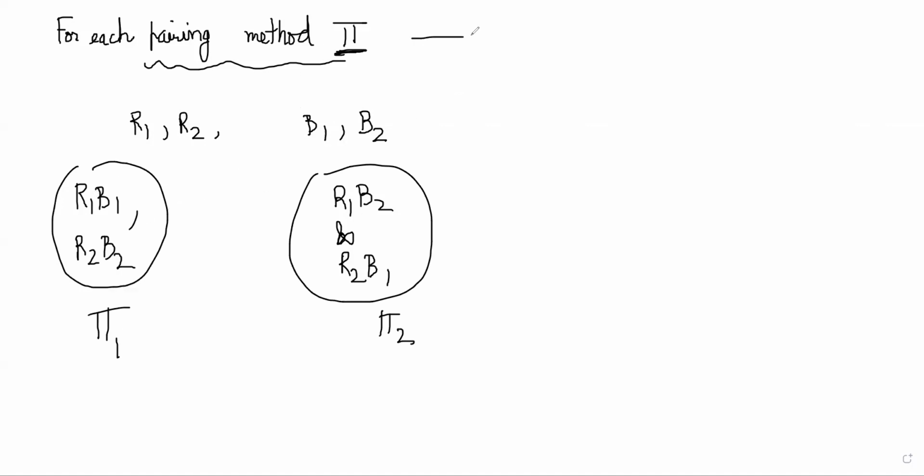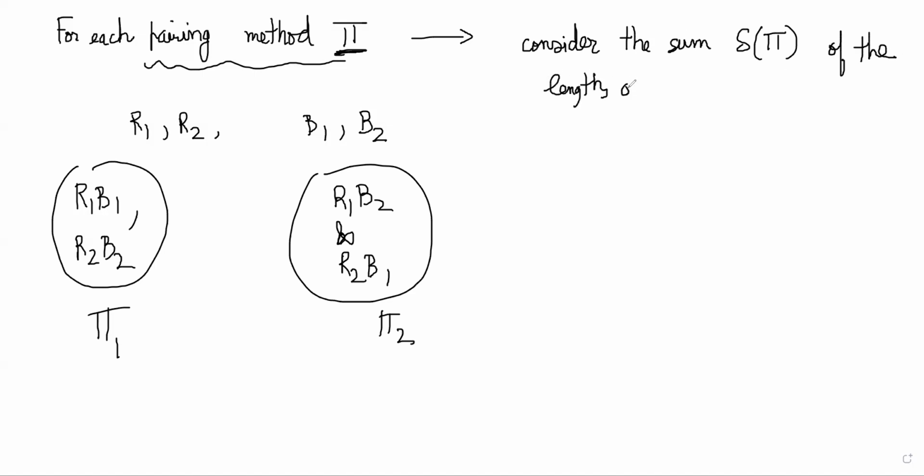So for each pairing method, consider the sum S of pi, the sum of the lengths of the n line segments. Since we are pairing 2 points together, there are n different line segments.